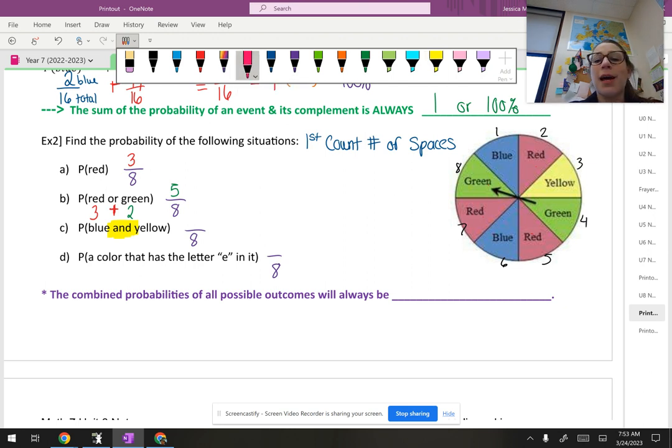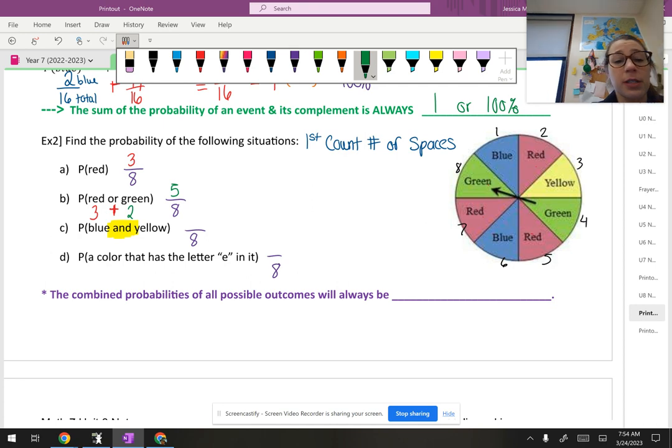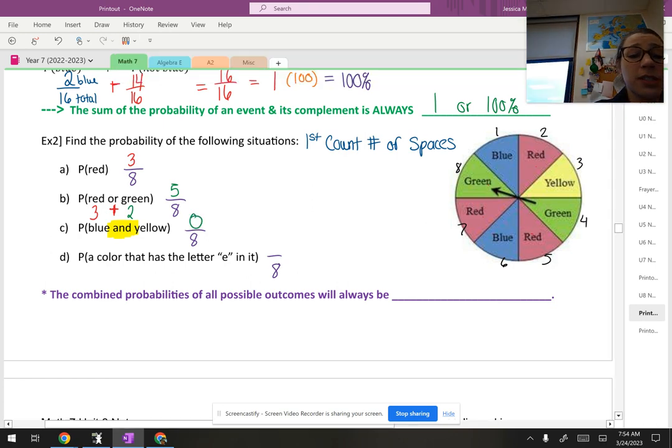And implies that both of those things are happening, whereas or is different because or is one or the other, but not both. And is both. And there is no way that I can spin this spinner and end up landing on blue and yellow at the same time. It's not going to happen. So this is actually 0 out of 8, and that's because of and.